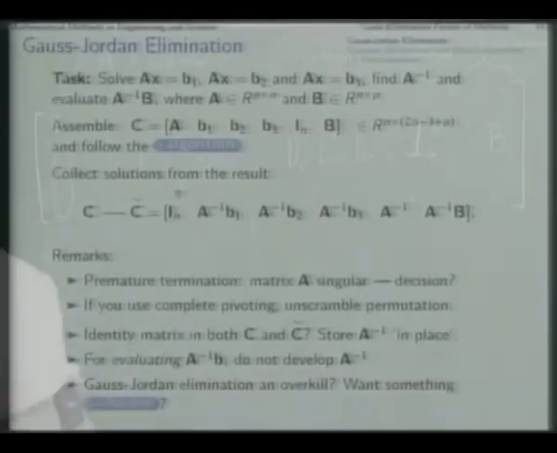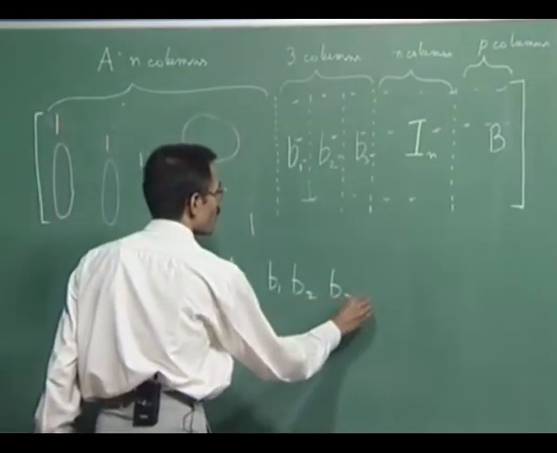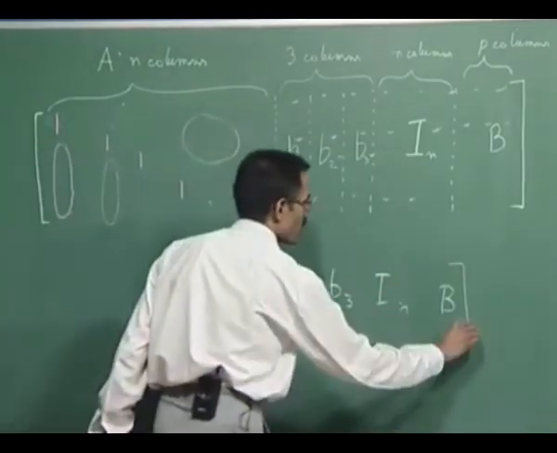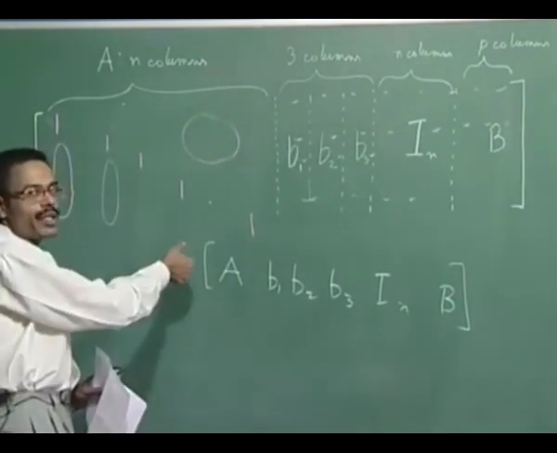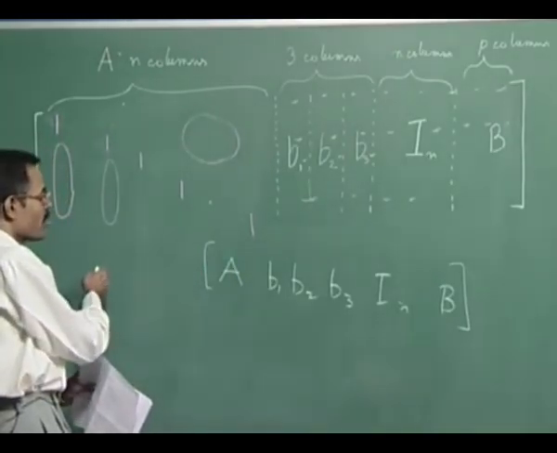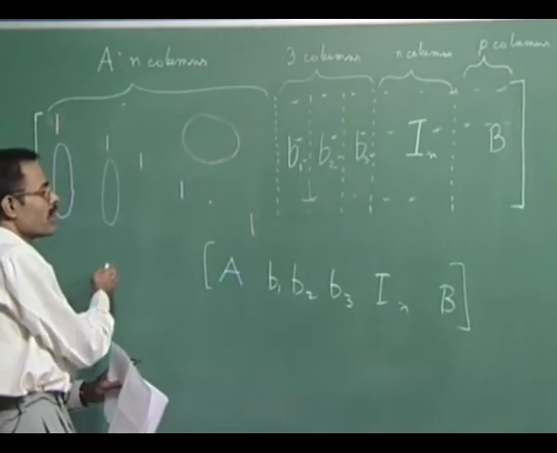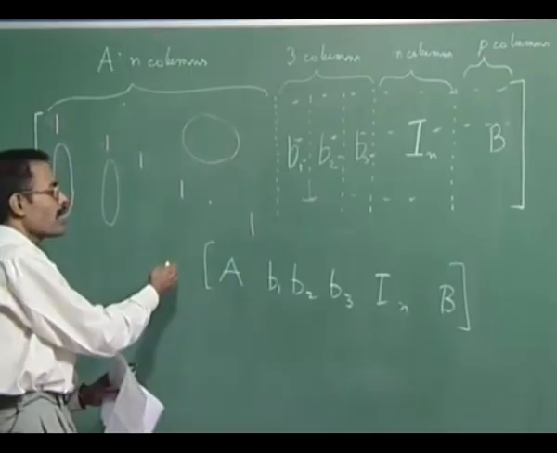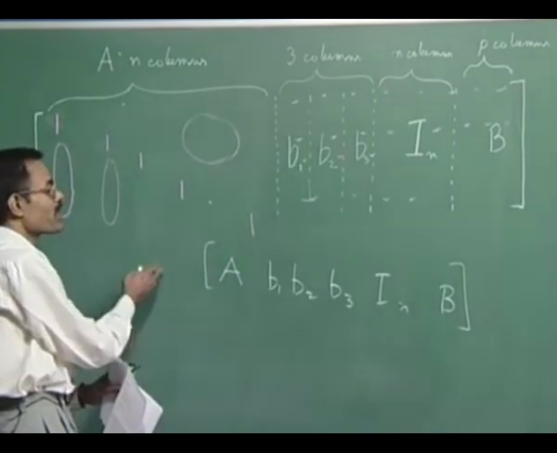Note that we started with A, B1, B2, B3, In and B. Now, every elementary row transformation that we have applied is actually equivalent to a pre-multiplication with a non-singular matrix, and many such matrices have been multiplied on this side, and that will mean that all of them together will mean multiplication with one square matrix from this side, and through that multiplication this square matrix has been reduced to identity.